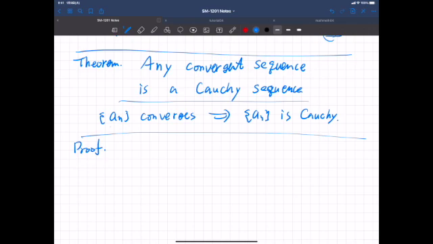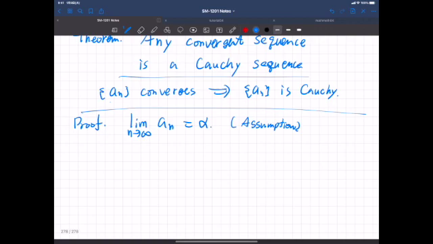So suppose a_n is a convergent sequence, and the limit is alpha. Here's the assumption. So let's assume this.